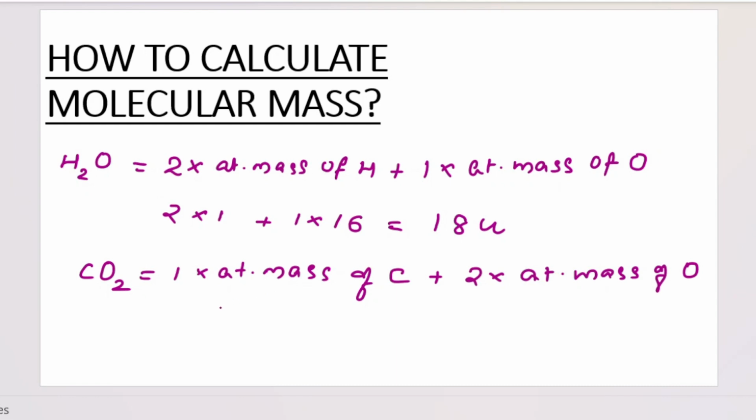So it comes out to be 1 atom of carbon into atomic mass of carbon, it's 12U, plus 2 into atomic mass of oxygen, which is 16. So 12 plus 32, which is 44U.